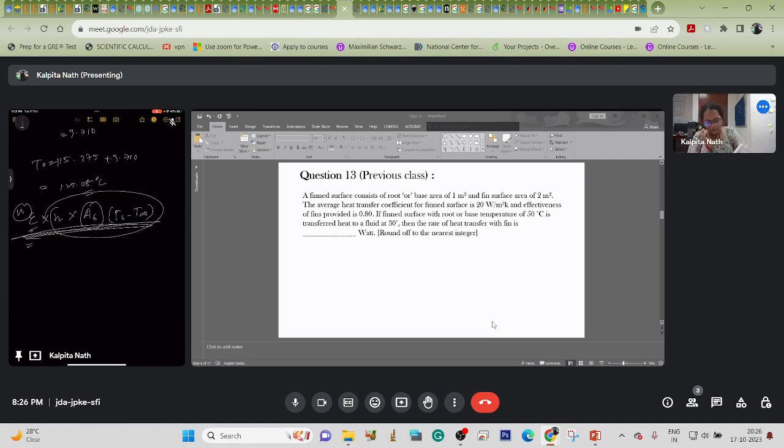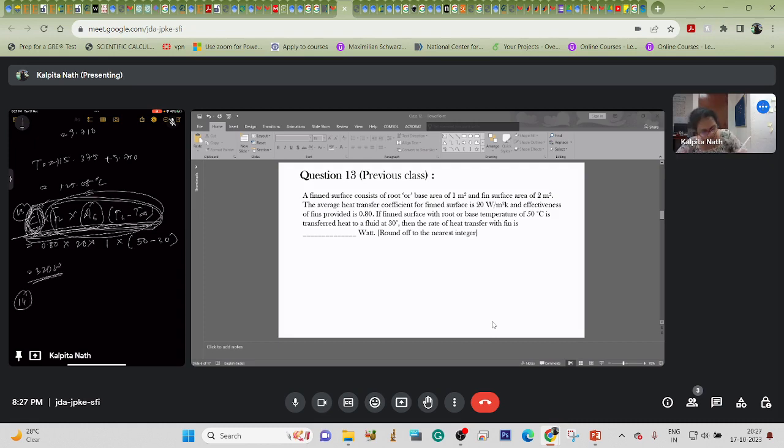So this will be the rate of heat transfer with the fin. We already know this formula, so effectiveness into the rate of heat transfer will just add on. The heat transfer coefficient is 20, and the area of the base is already given as 1 meter square, into the base temperature of 50 and fluid at 30. So this will come out to be 320 watt.